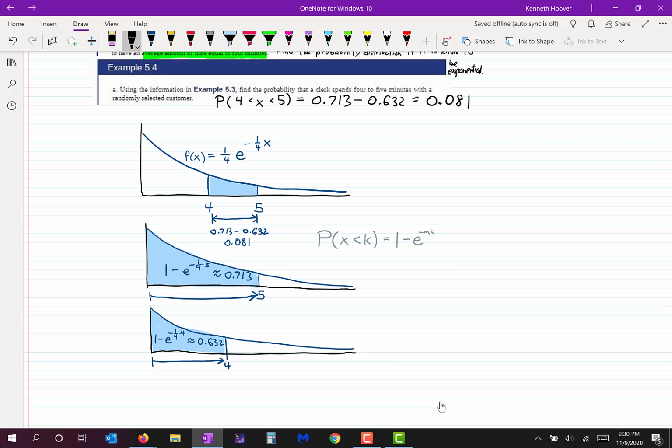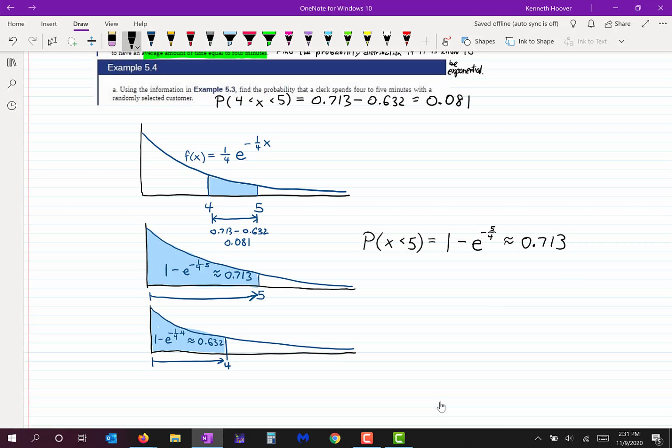So let's just review again quickly. How did we do that? You calculate the probability that x is less than 5 equals 1 minus e to the negative 5/4, and that's where we got 0.713.